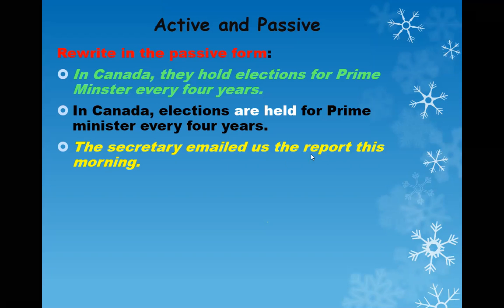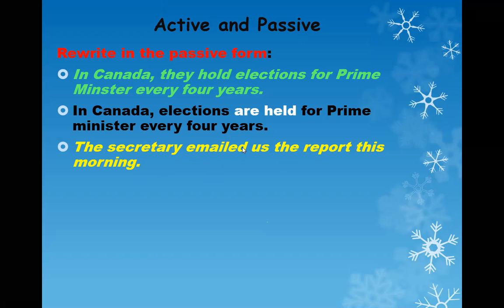Report. You can choose to start with "us", it will be "we", or with "the report". They are the same. Which one do you prefer to start with? So start with "we". Us will be at the beginning of the sentence as "we".